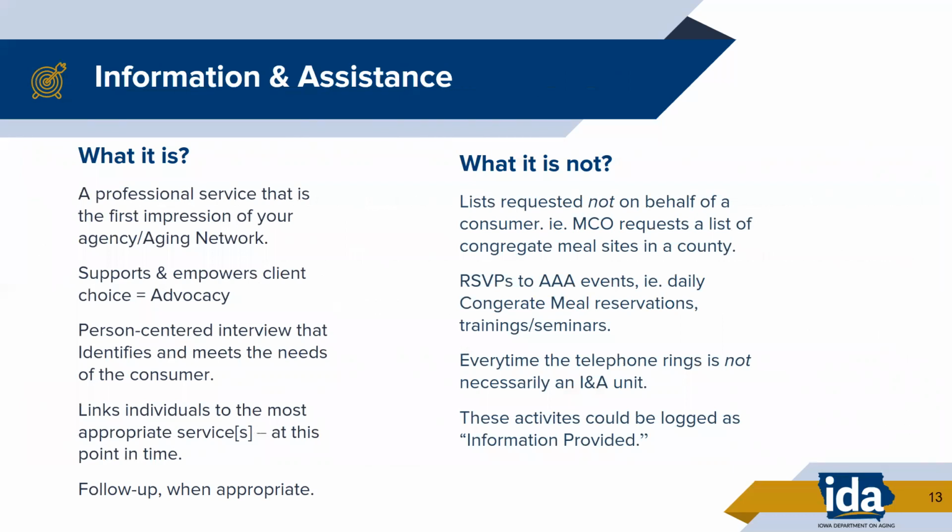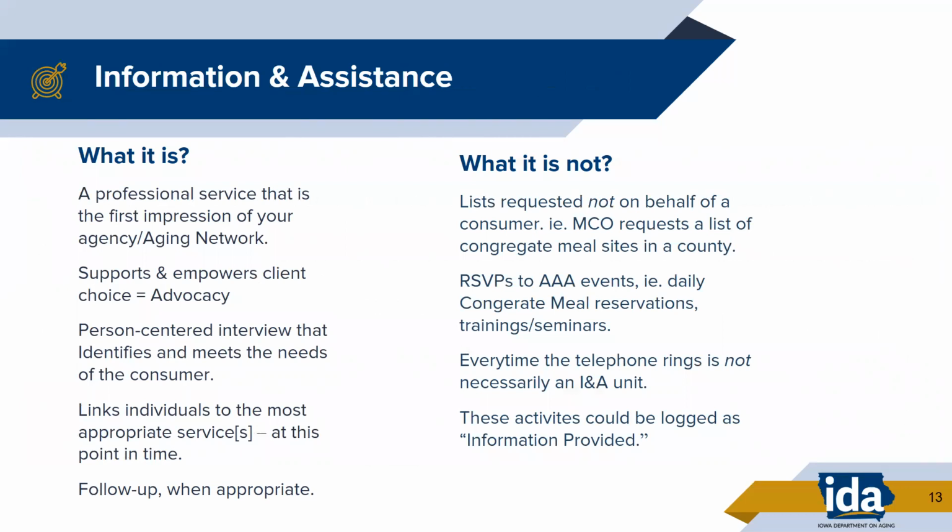These are just, again, some examples of what I&A is and is not. I&A is a professional service that is the first impression, the first face of your agency and really the entire aging network. It supports and empowers client choice through advocacy.